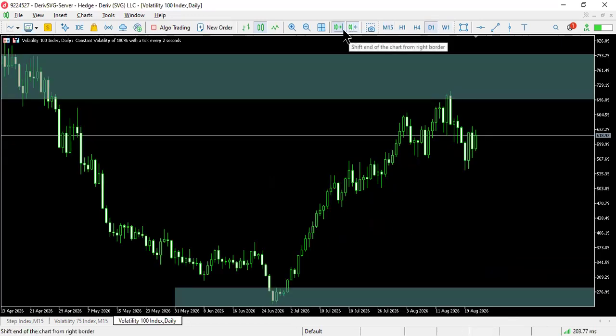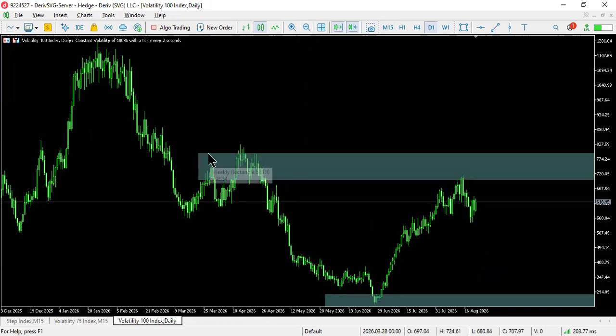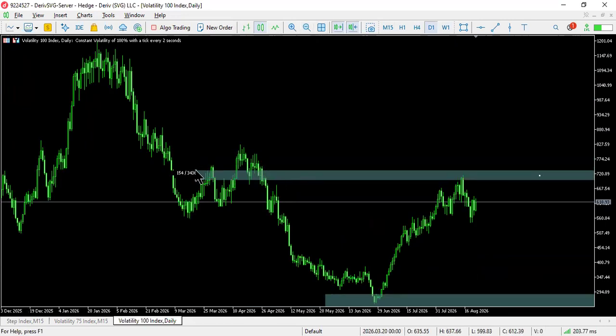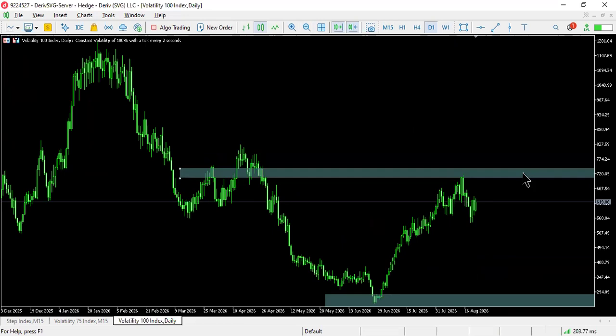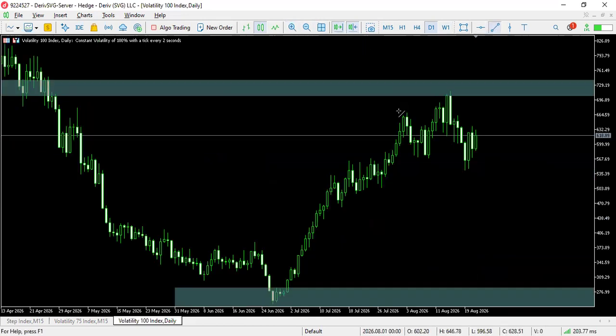Heading over to the daily time frame. So from the daily time frame, we have this break of structure.